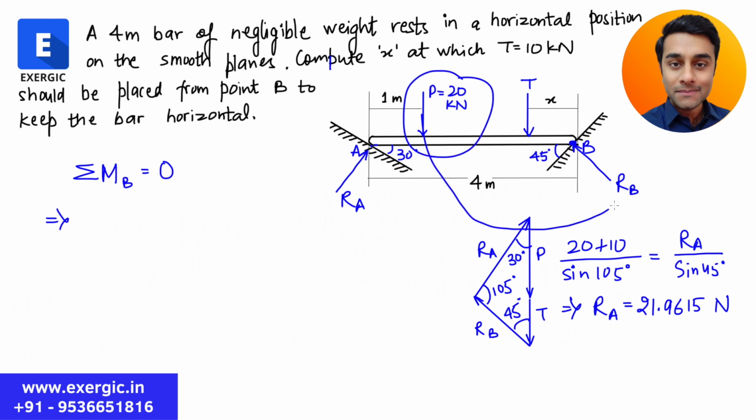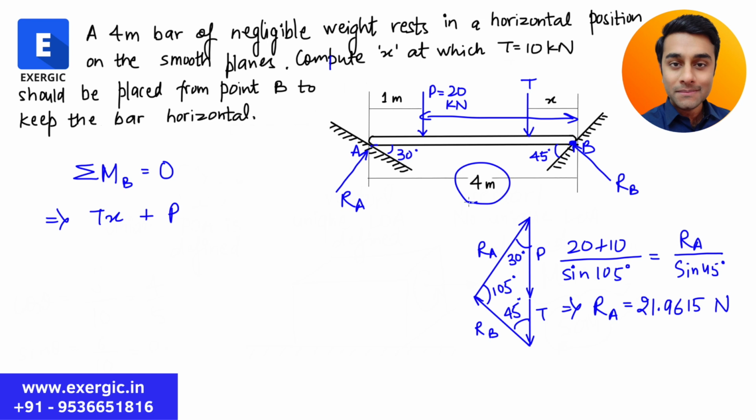P is also counterclockwise about B. So T multiplied by X, counterclockwise moment, plus P multiplied by this distance, which is 3, because 4 is AB, AP distance is 1, so BP is going to be 3 meter. So 3P. All right, let me write it here only. Tx plus 3P. These two are moving counterclockwise.